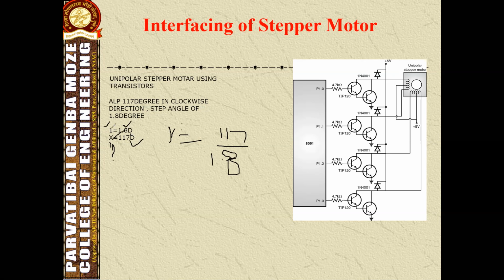We just do a cross multiplication here. 117 divided by 1.8, so we require 65 steps. 65 steps are required to run the motor through this degree of rotation.